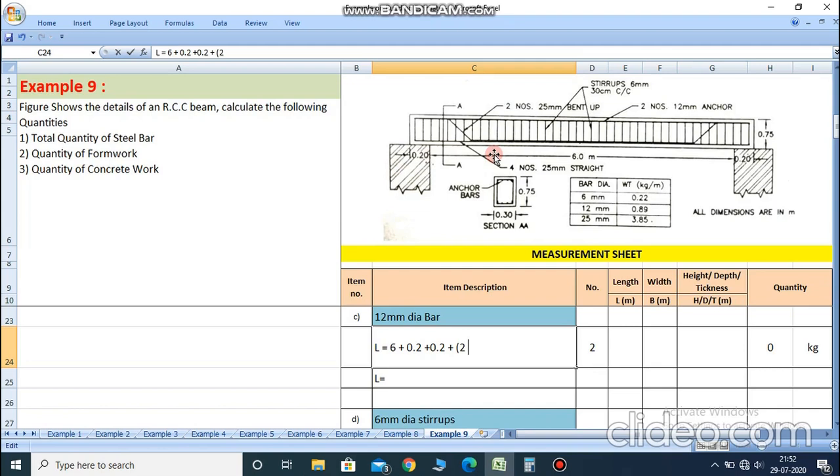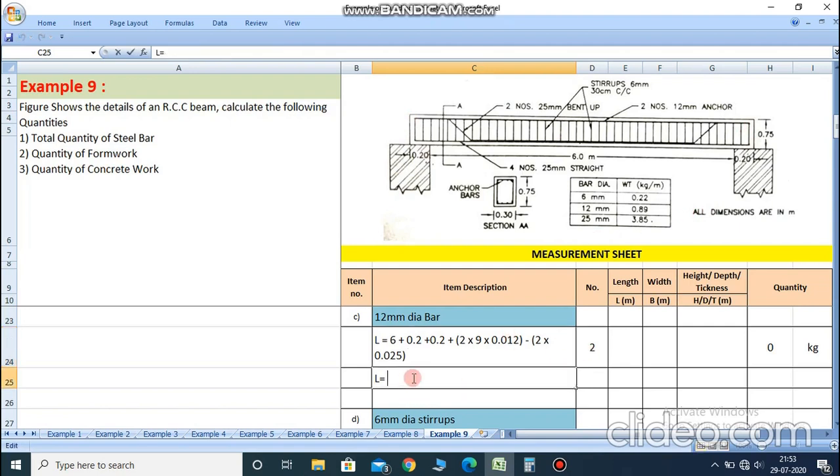Why do we multiply by 2 times? Because on both sides hook is provided. So 2 times 9 into diameter of the bar. Diameter of the bar here is given 12 mm dia anchor bar. So 12 mm is converted to meter, 0.012 meter, minus on both sides 2.5 centimeter cover is provided, 2.5 centimeter for left side and 2.5 centimeter right side. So 2 times 0.025, cover thickness, 2.5 centimeter converted to meter.